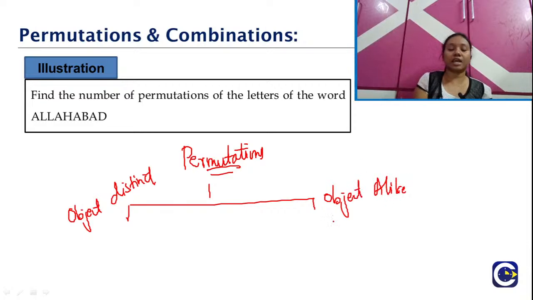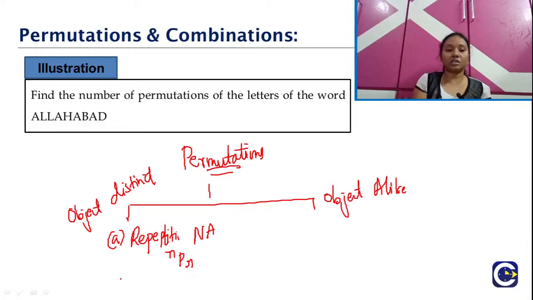In these two cases, again we'll be having repetition. So when repetition is not allowed, the formula will be NPR, whereas when repetition is allowed, it will be N power R.